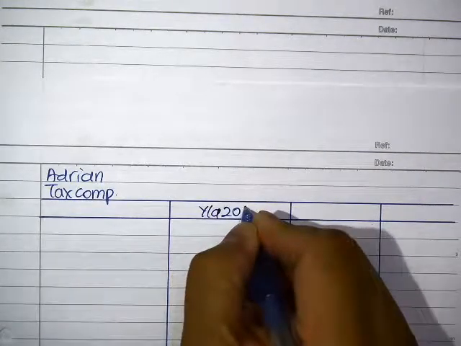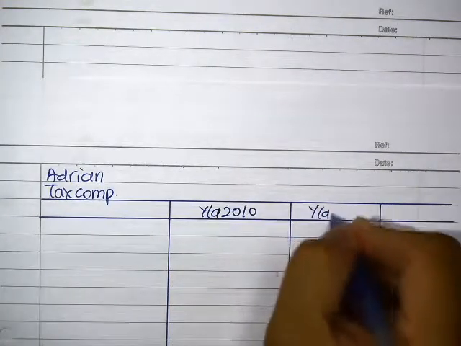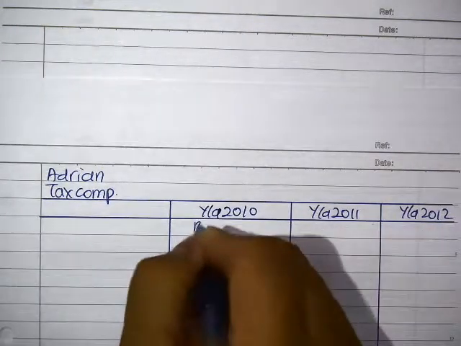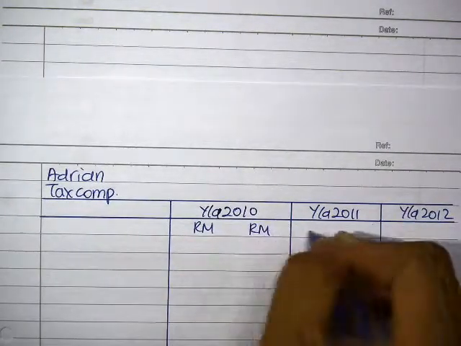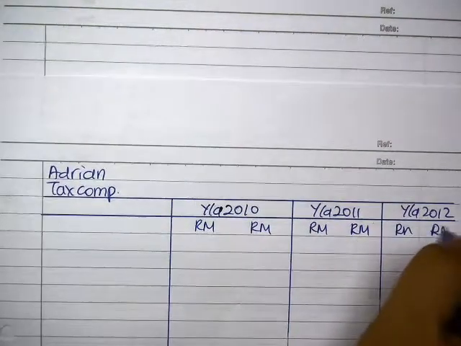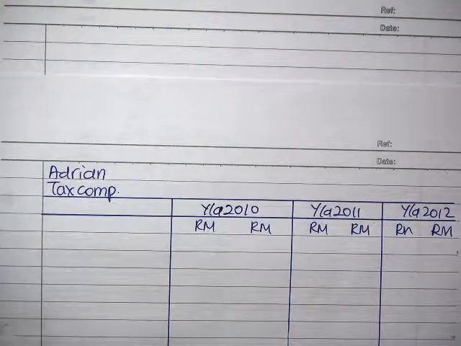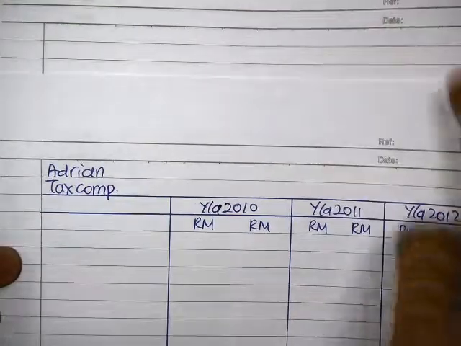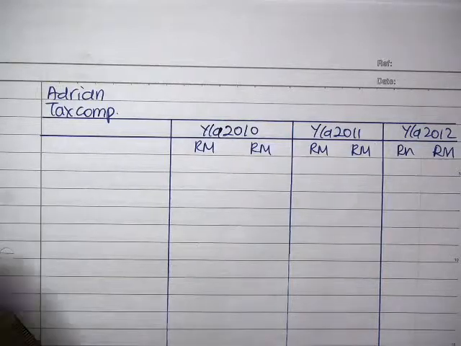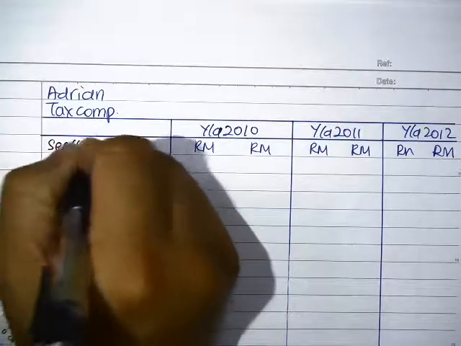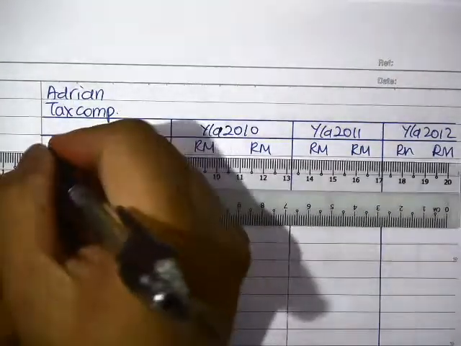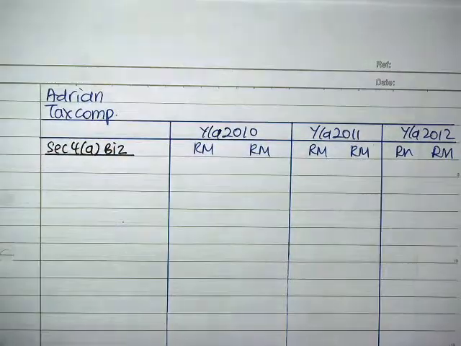YA 2010, 11 and 12. Alright, now class, we have to start according to your section 4, right? So your 4A will start first, which is business, and we have two businesses here.